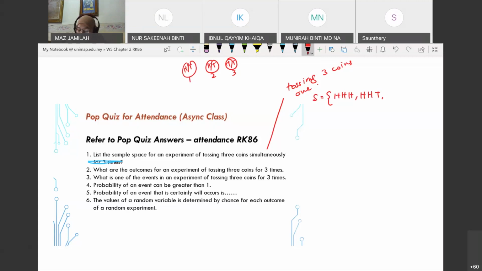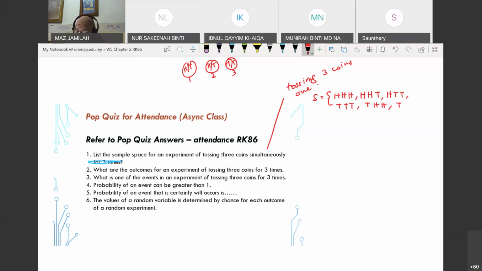Or the first is head, and the second and third coins are tail and tail. Or it could be tail, tail, tail. Or tail, head, head.